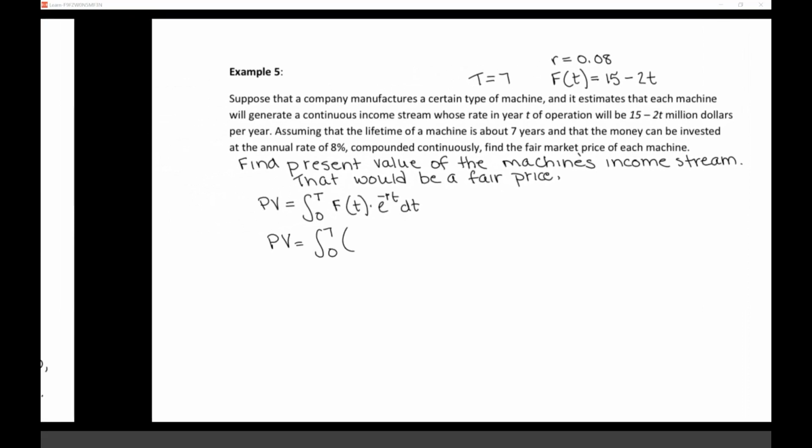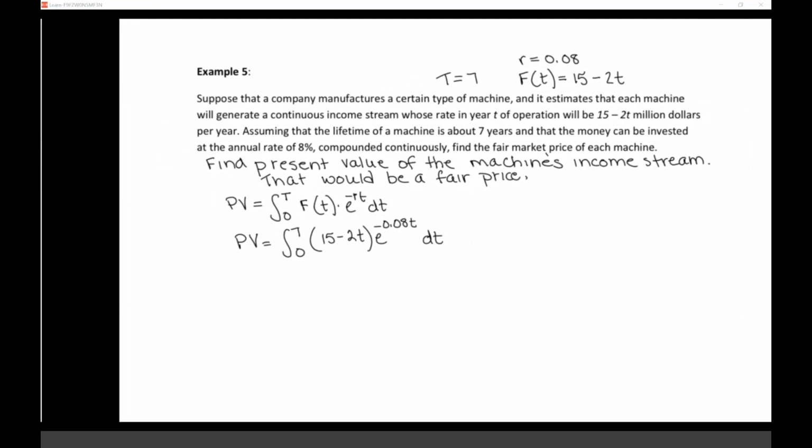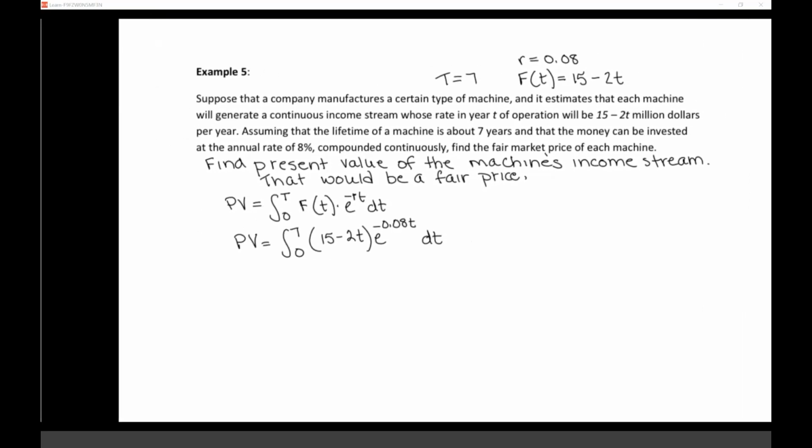I have 15 minus 2t e to the minus 0.08t dt. So there it is with everything plugged in.